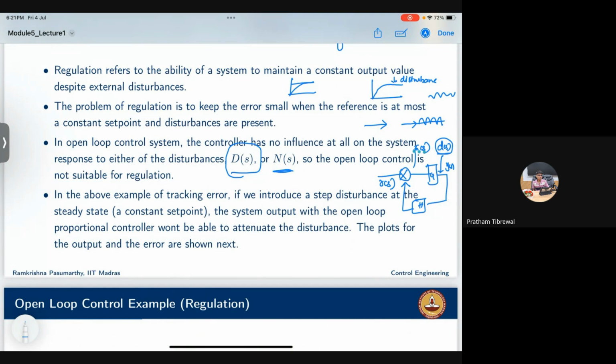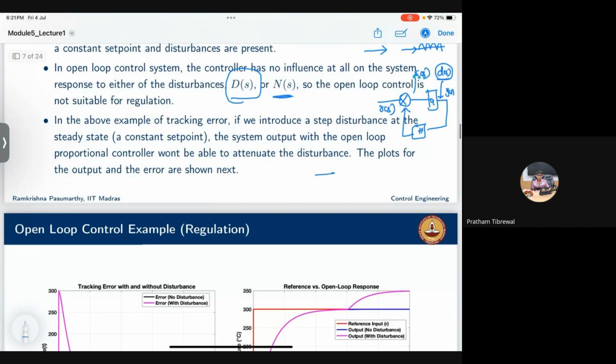In this regulation example, they are taking the same example from above. The same system, a temperature control system. Instead of fixing the goal to track my reference, I am fixing the goal that it should track the reference in spite of disturbances.